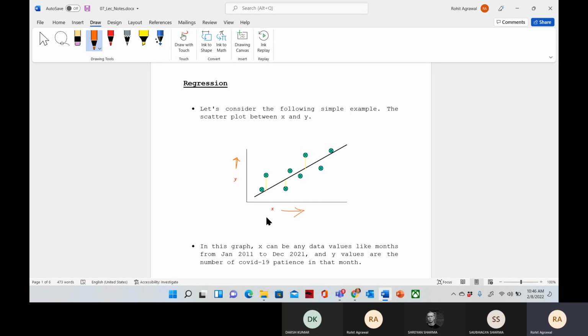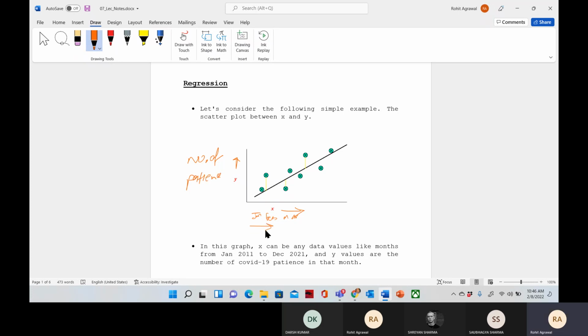X data points can be anything, like you can have the COVID patients in the month of January 2021, in the month of February, then March, then April, and so on. And these are the number of patients.